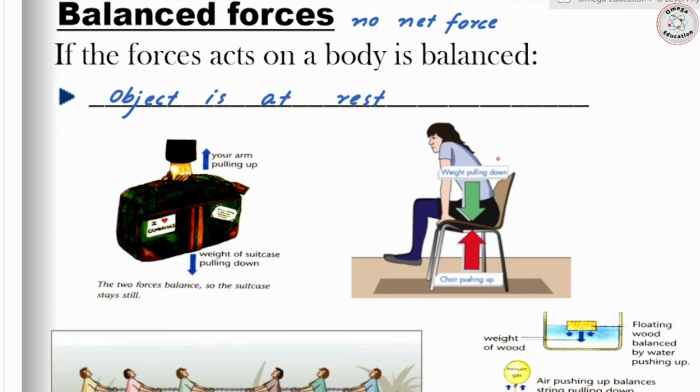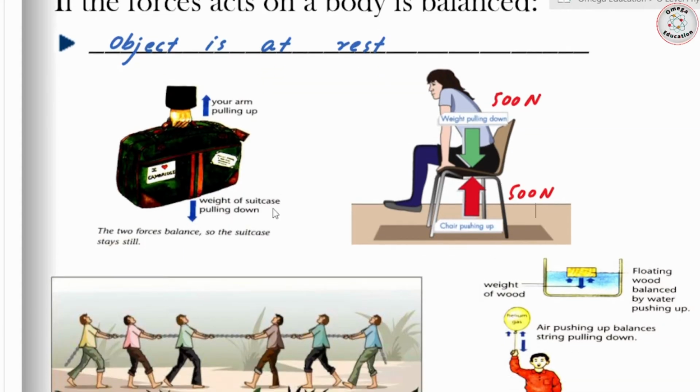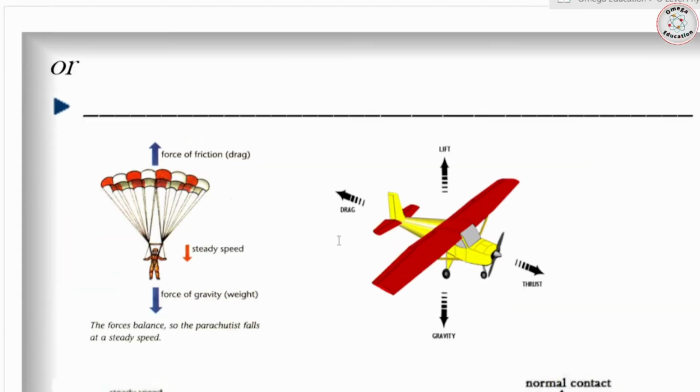So if that guy is 50 kilograms, his weight would be approximately 500 Newton. If the weight is 500 downward, the chair has to apply 500 upward. Only then the person can sit on the chair. If the chair is unable to apply that force, then it will break down and the person would fall on the floor. So all of these are examples of balanced forces.